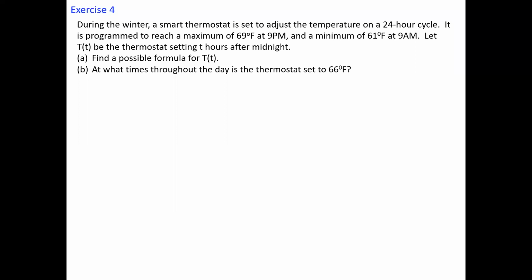Again, midnight will be 0 for us, and we still have to shift it. Find a possible formula for the temperature, which depends on time. Throughout the day the thermostat is set to 66 Fahrenheit.